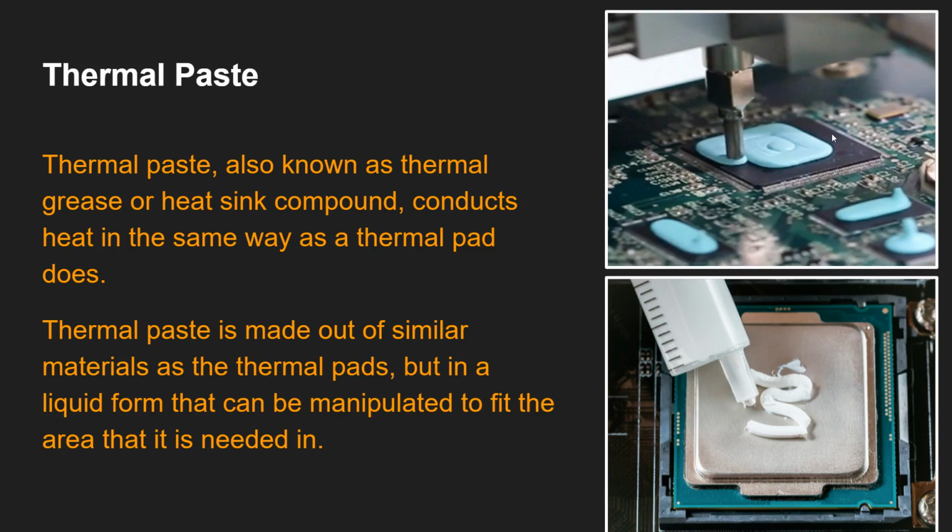These gaps, if they are left unfilled, would act as a thermal insulator, which in turn would hinder the heat from being conducted into the heat sink. By filling these gaps, the thermal paste maximizes the heat transfer, and it eventually dissipates through the heat sink.